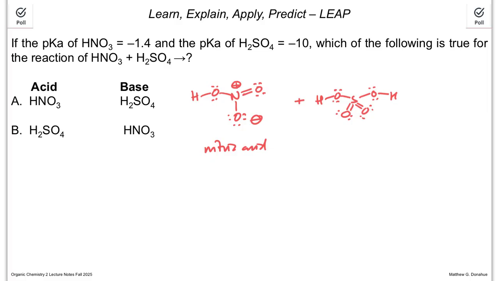Just practically speaking, if the nitro group is NO2, nitric acid is HNO3. So we got to get rid of some stuff here.